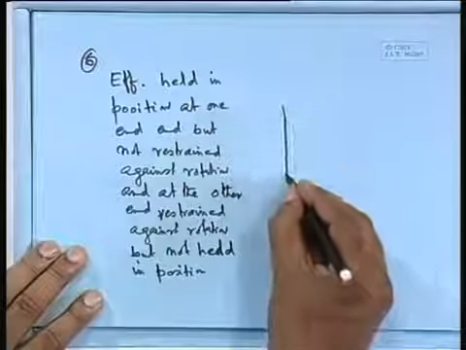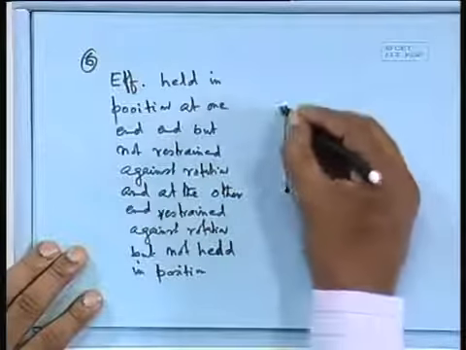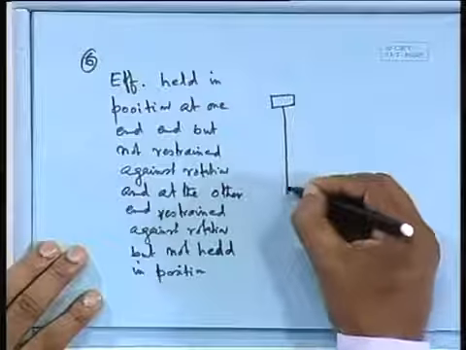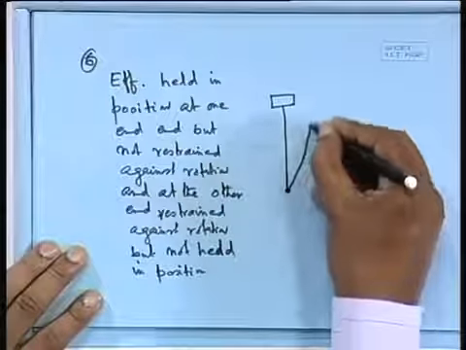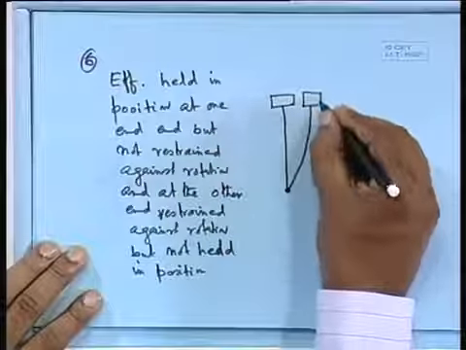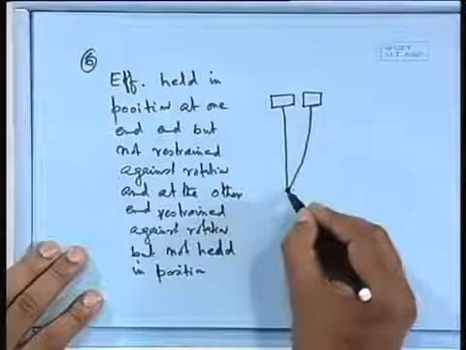So we are talking this way, and we can say it may be something like this. That means it can move and this side is hinged.